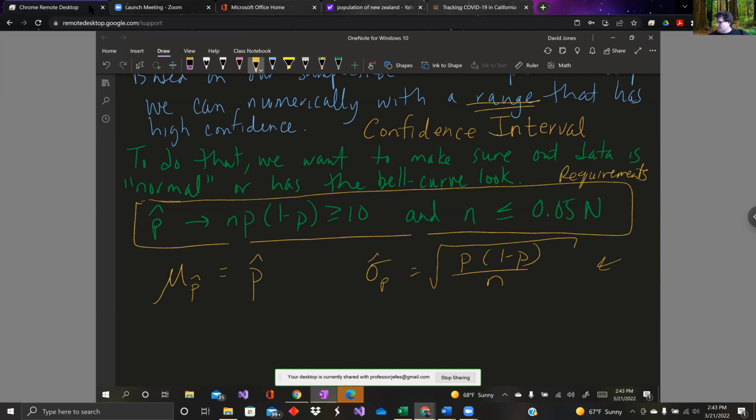This is applicable if those requirements are met. I'm just reminding you of that. We're going to use it in a second. Let me pause and let you write it down.